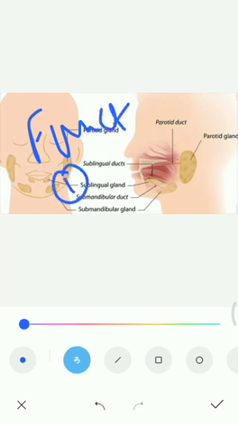First, it moistens and lubricates the buccal cavity with the help of mucosal secretion, and it helps in production of speech. Think that your mouth is completely dry, you cannot speak at that time, so it moistens your mouth so that you can produce sound or speak properly.